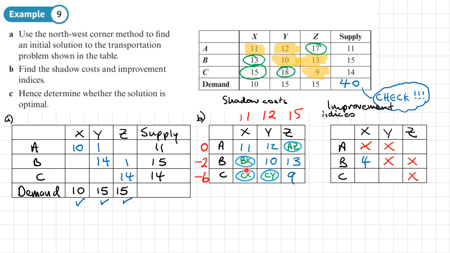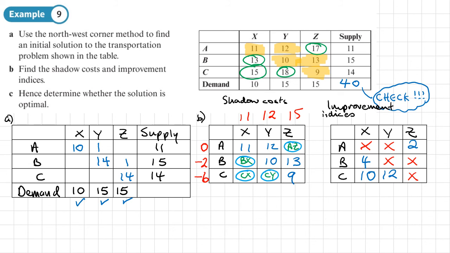So 15 minus 11, which is 4, plus 6, that gives me 10. So we'll put 10 down there. The improvement index for CY, which is this one, 18 minus 12, which is 6, minus -6, so plus 6. So that's 6 plus 6, 12. And the last one, improvement index for AZ, 17 minus 15 minus 0 is going to be 2.